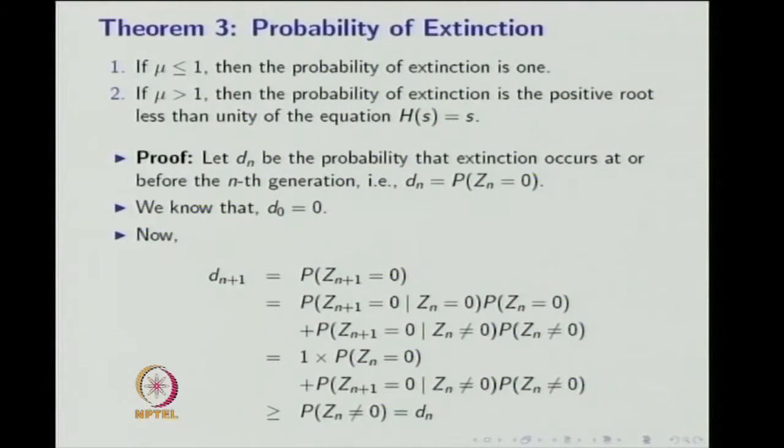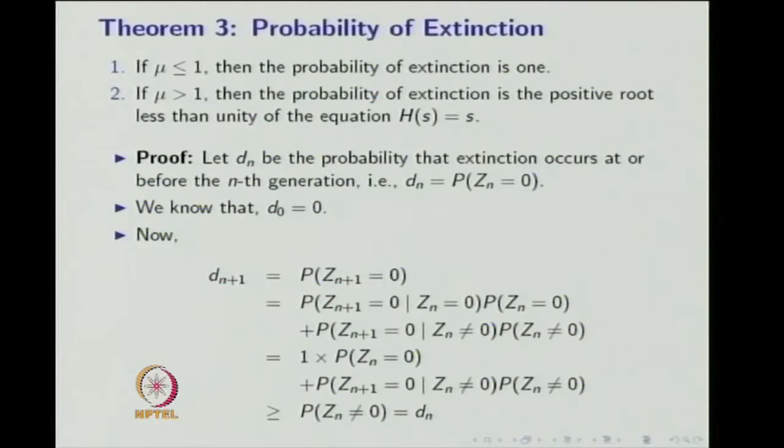Here we consider a Galton-Watson branching process Zn with offspring distribution Pk, and the Pk forms a probability mass function for the random variable Z1.